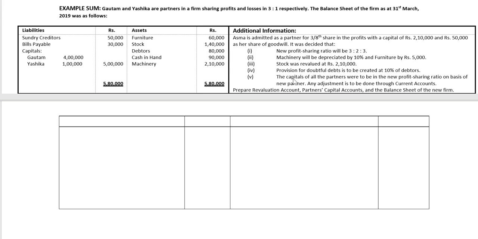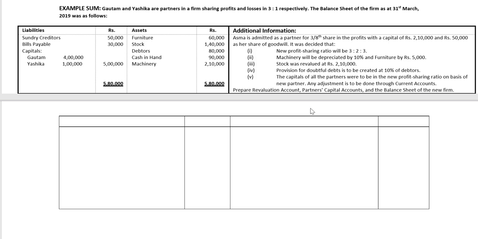Fourth point, provision for doubtful debts is to be created at 10% on debtors. Fifth point, the capitals of all the partners were to be in the new profit sharing ratio on the basis of new partner. Any adjustment is to be done through current accounts. We are asked to prepare revaluation account, partner's capital account, and the balance sheet of the new firm.